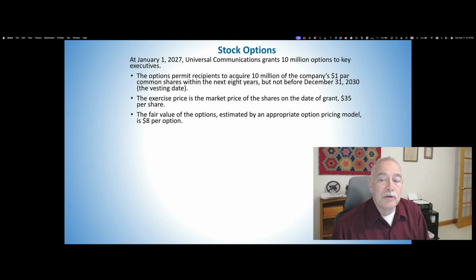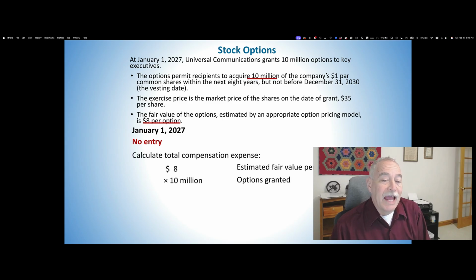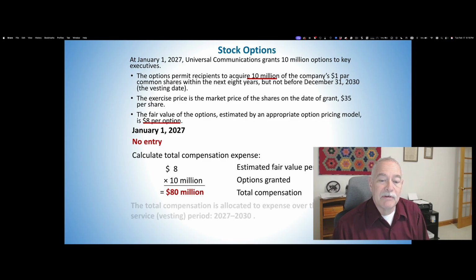First thing we're going to do is compute the total compensation, and that's going to be the 10 million options at the fair value per option. We're not going to recognize that at the date of the grant, but we're going to spread it out over the service period. So we have no entry at the beginning on January 1st of 2027.